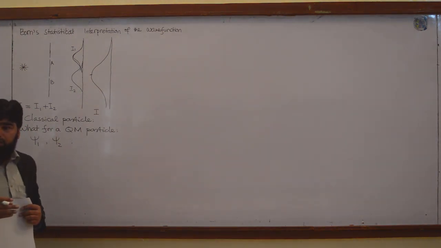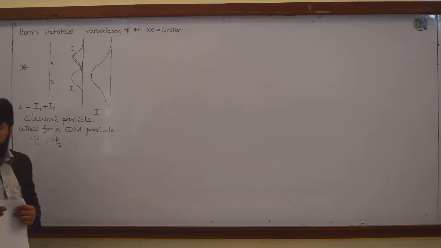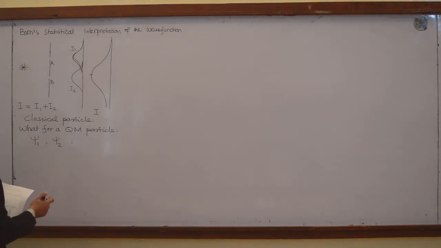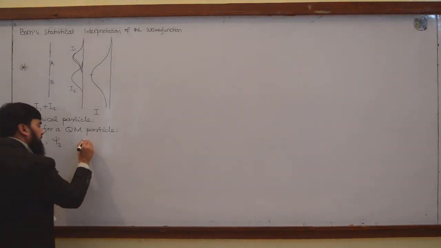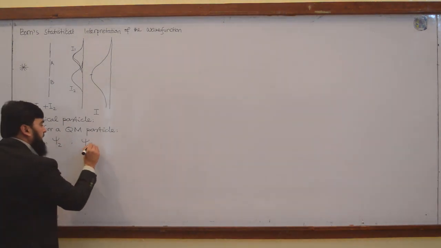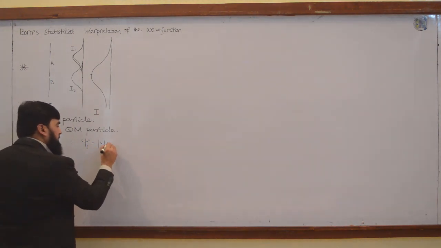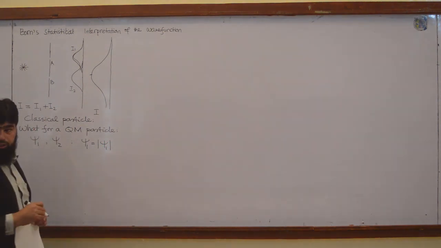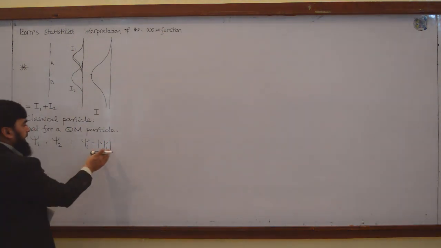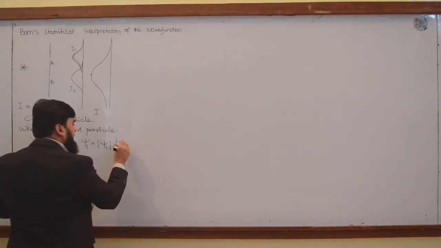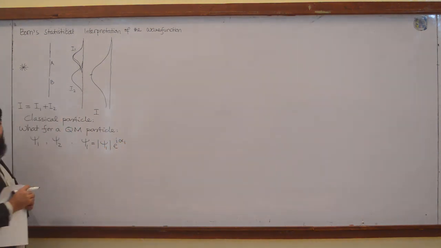Then you know about the quantum mechanical particles: they are written as a combination of real and imaginary parts, which I will explain a little bit more. So I can write the wave function psi 1 as the amplitude, meaning the coefficient in front, and then the oscillatory portion, let's say e to the power i alpha 1.